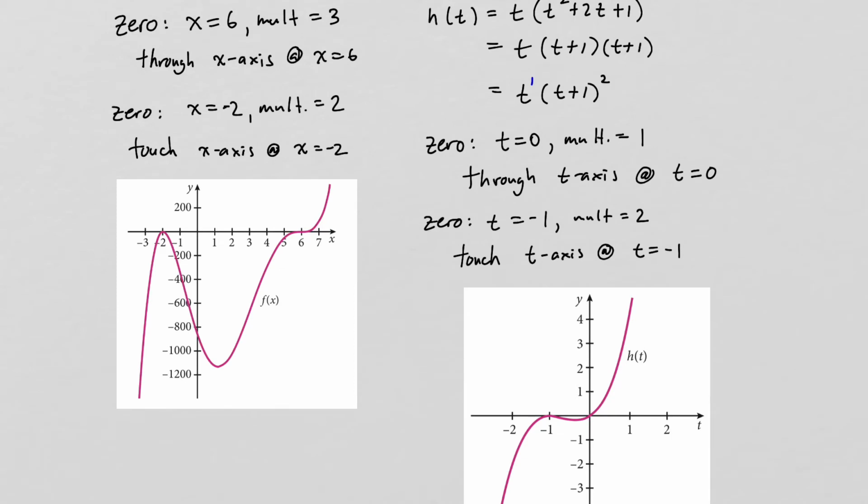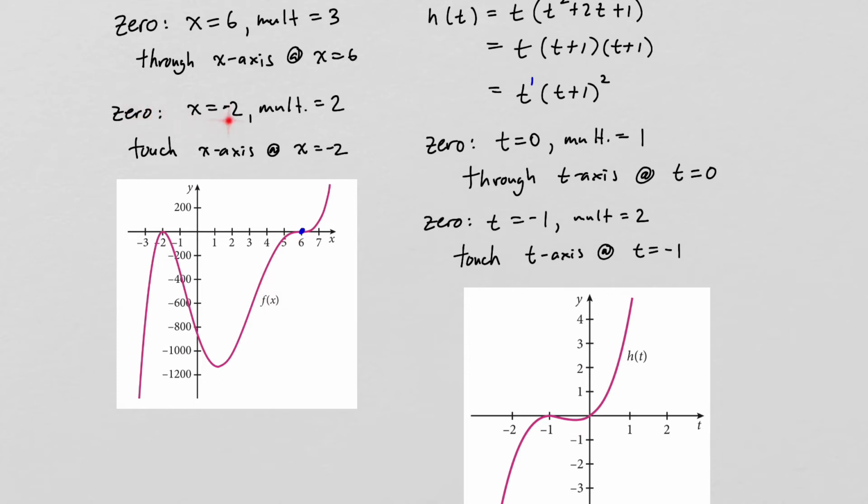And so just for fun, I brought in the graphs just to corroborate what we just talked about. So we said that at x equals 6, it should go through the x-axis. So here's the graph of that function. You can see it here. And you can see, indeed, at x equals 6, the graph goes through the x-axis there.